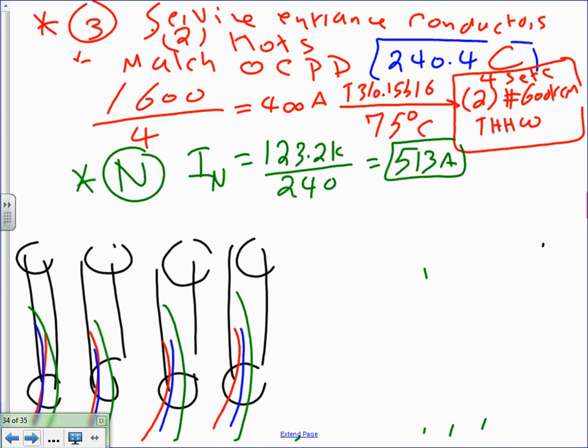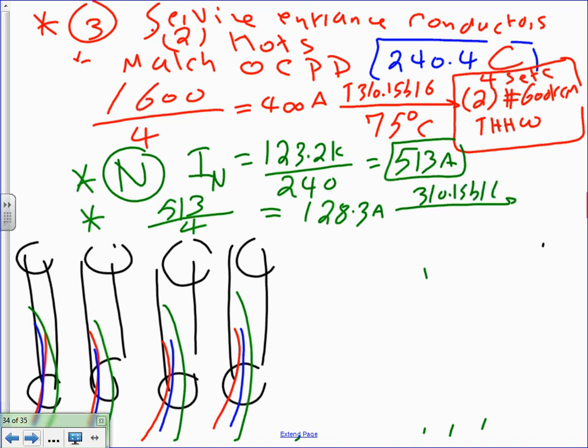So piece of cake. Then you're going to take this 513 and divide by 4. And what would that give you? 128.25 amps. You're going to take this one to 310.15 B16 under the 75-degree column.